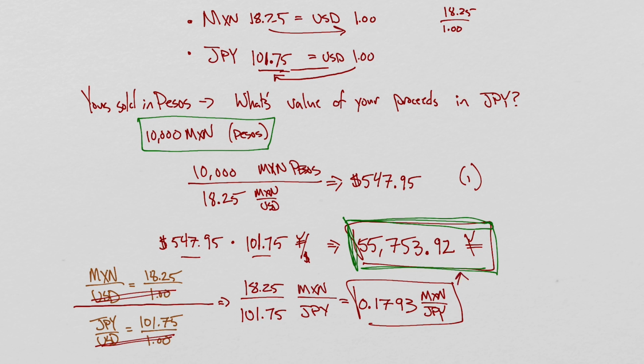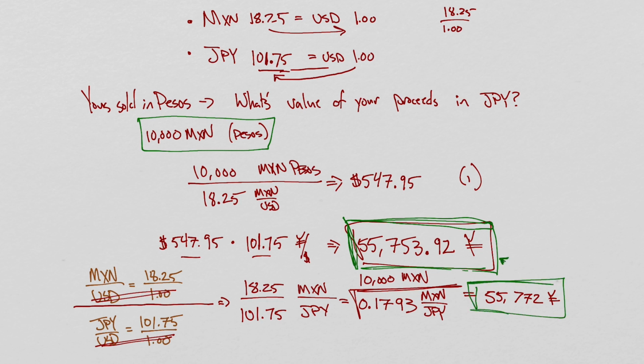So if I know I'm trying to get to 55,753, if I take my 10,000 pesos, my proceeds, and divide it by this number, then that's going to give me 55,772 Japanese yen. And so that's the same as you see with the other approach. The slight difference there is due to rounding shortcuts that I've taken here. But either approach gives you the same result.